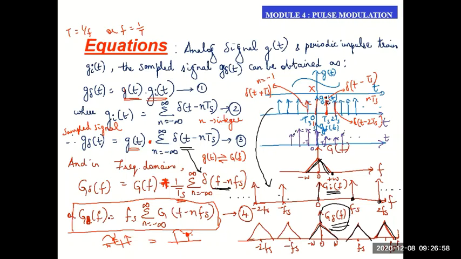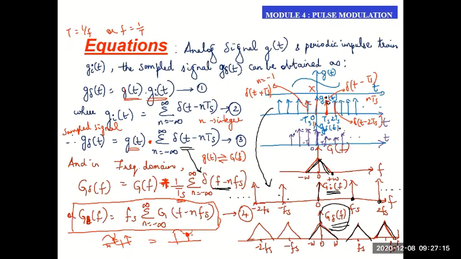We can write it like this also: g delta of f can be written as Fs summation n equal to minus infinity to plus infinity G of f minus nFs.